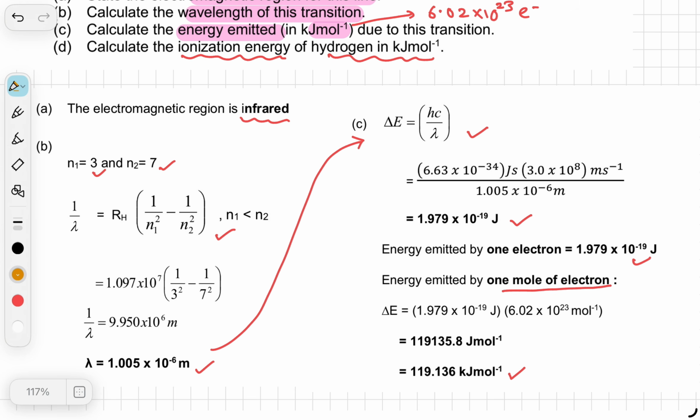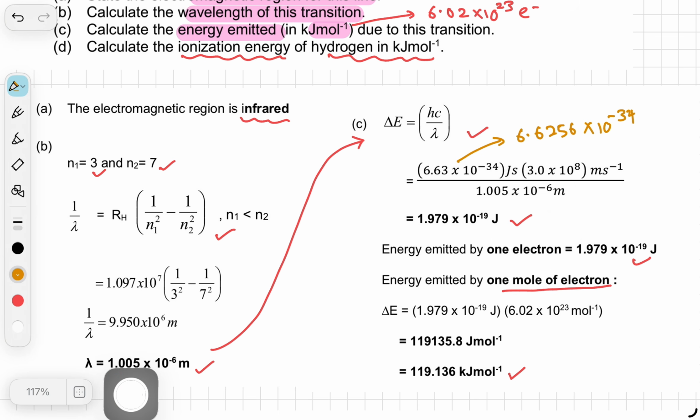Please don't just copy the answers. I'll be checking this on Monday, Tuesday or Wednesday, depending on the class. So again, quick reminder, this would be 6.6256 times 10 to the power of negative 34. Because you're inserting a 4 decimal place value, you might have slight variation.